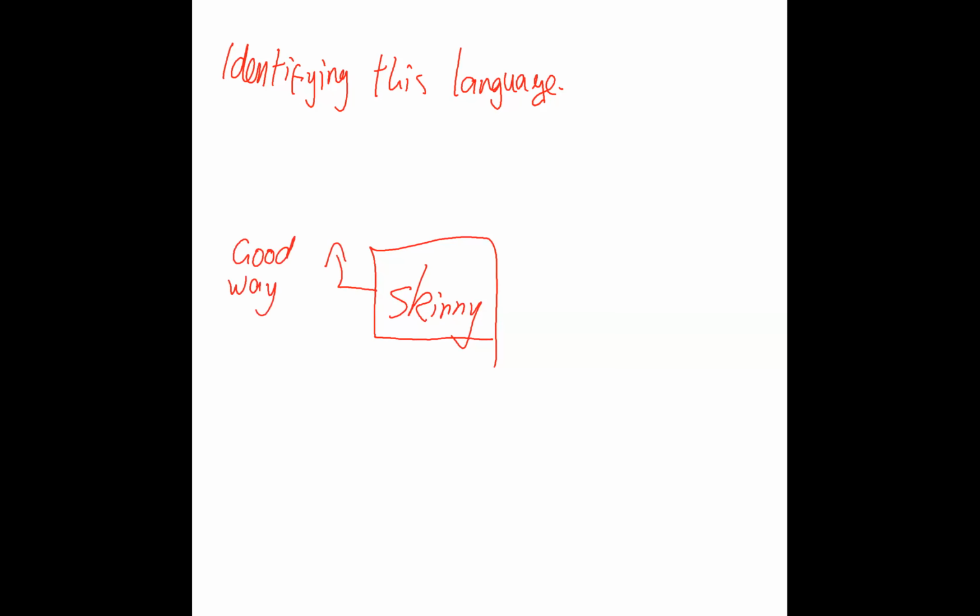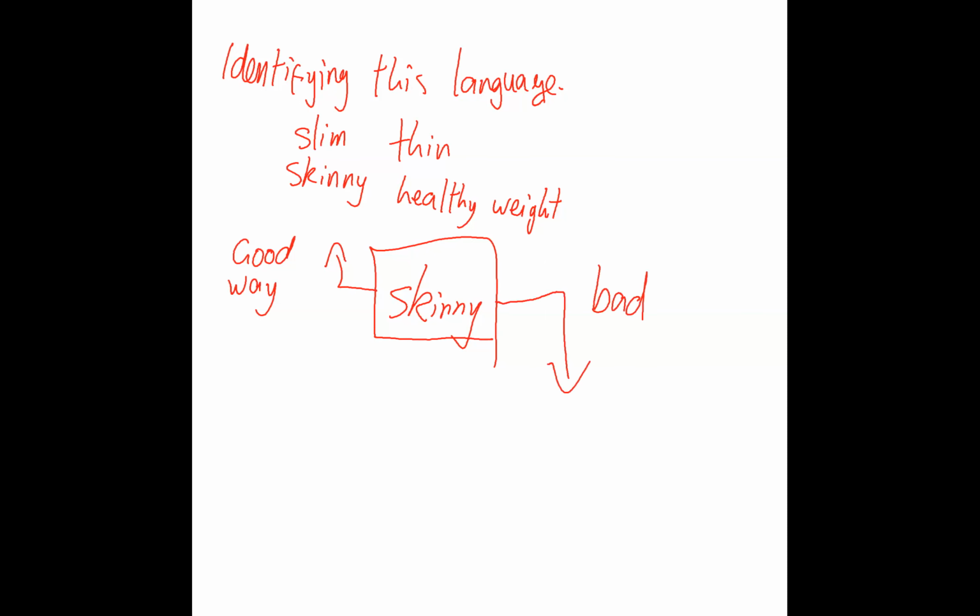So we can say something like, oh, very slim. They look very thin. They look healthy. They look like they're at a healthy weight. So you've got these ways of saying somebody's skinny, or you've got other ways of saying it that can be said in a bad way.